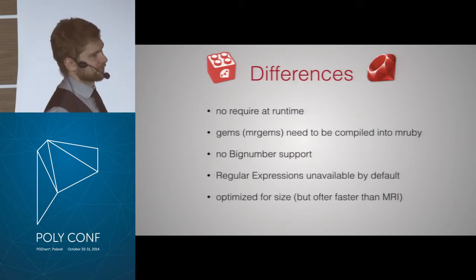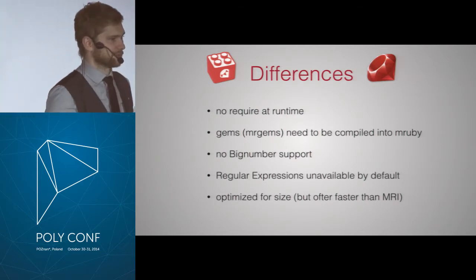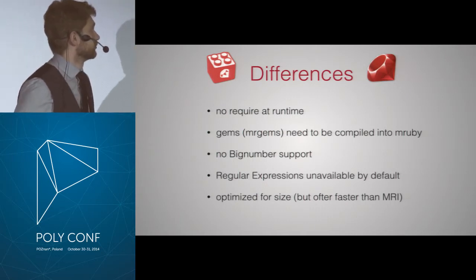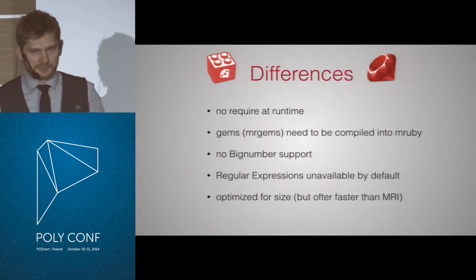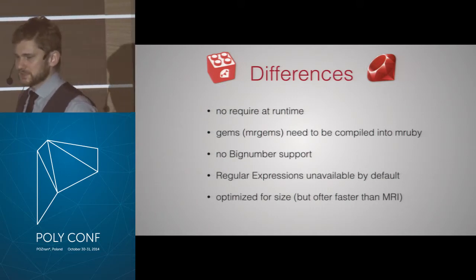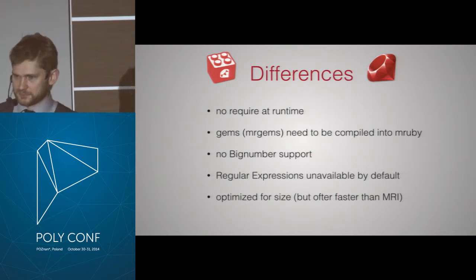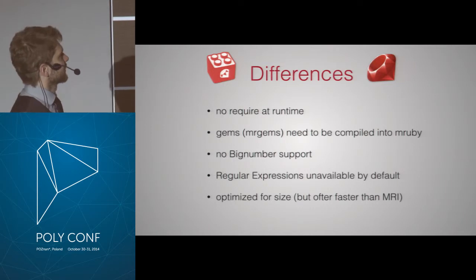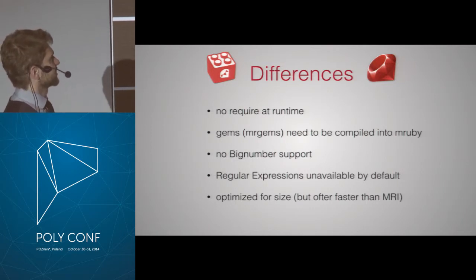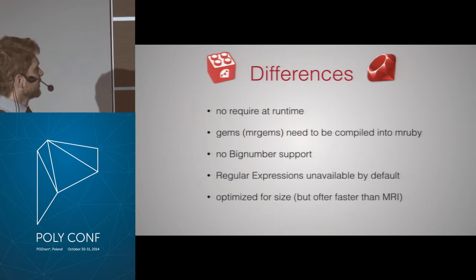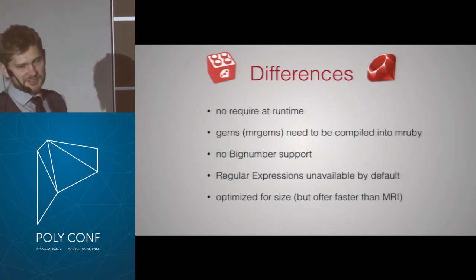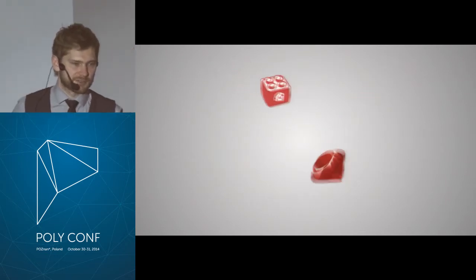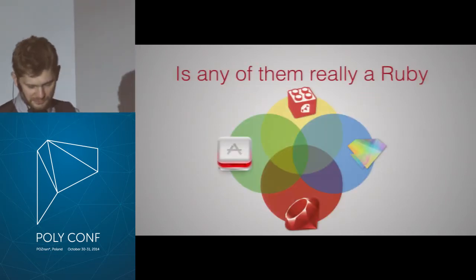For example, you don't have regular expressions by default, but if you add an mrbgem that gives them to you, you will get them. There is no big number support. So basically, mruby is designed for small program size, and there are some differences caused by that. And because it's optimized for size, quite often it's faster than MRI. So this is a good thing.